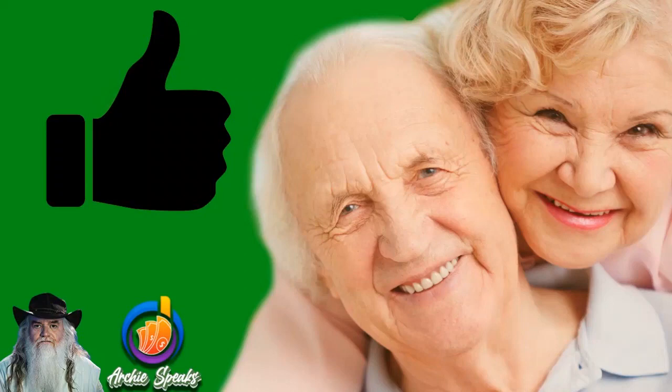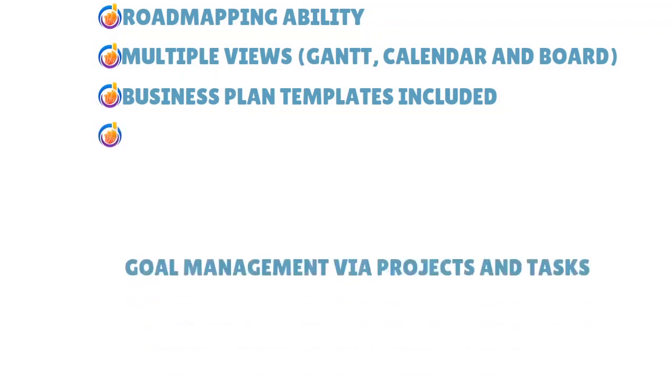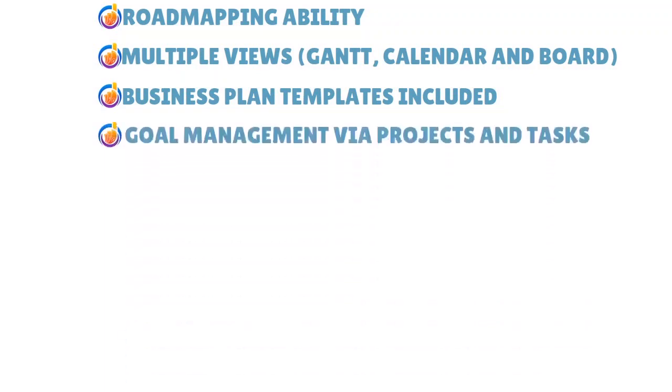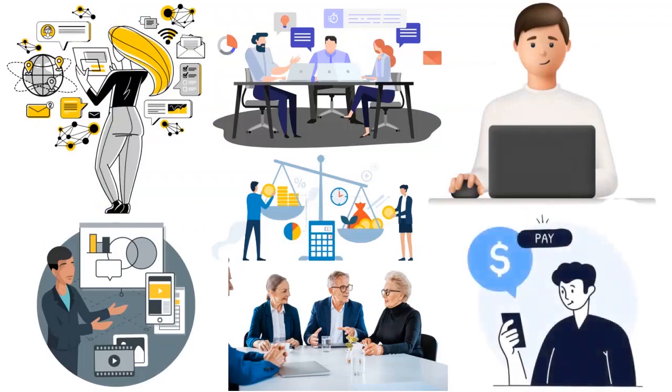So what we love about Wrike is that you have a road mapping ability. You have multiple views. So you have Gantt, you have a Kanban, you have a calendar, you have board. Okay, you have business plan templates included. So you have a choice when it comes to business plan templates. And you also have goal management via projects and tasks. You have a free plan available, and you have affordable plans overall when you think about what the software does versus what it charges for it.